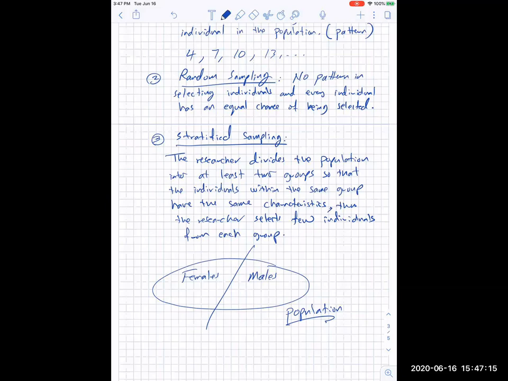Use the gender category or the age, whatever category the researcher decides. He divides the population into these 2 groups, and then from each group he randomly selects few individuals. Okay, and let's say he selects, for example, 3 males and 4 females and puts them together and it becomes the sample.